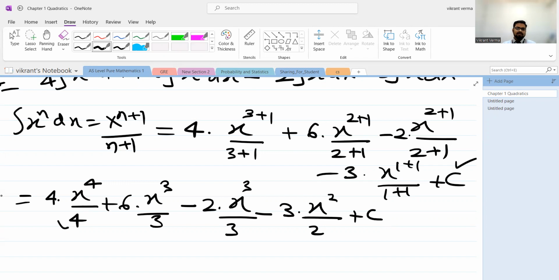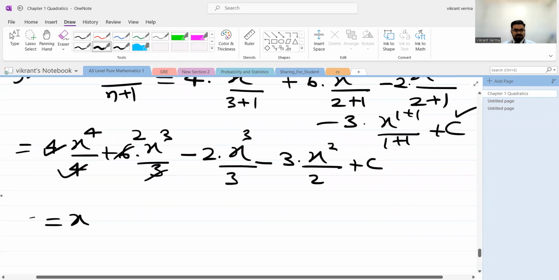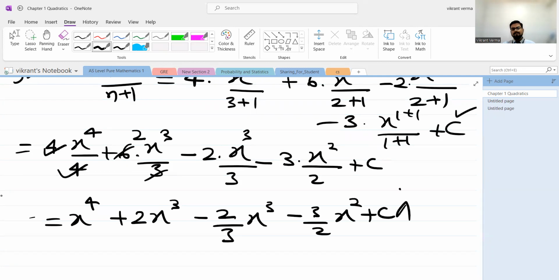Now we can cancel the 4. I can also cancel 2 times, but now nothing will be cancelled. So our answer is x raised to the power 4 plus 2x cube minus 2 by 3 x cube minus 3 by 2 x square plus c. This is our final answer.